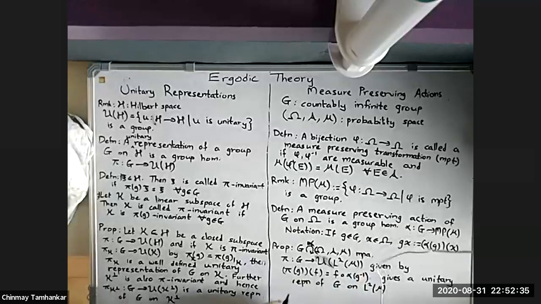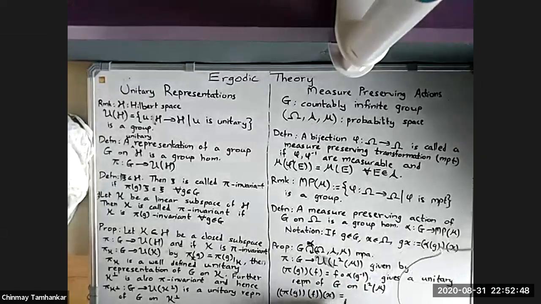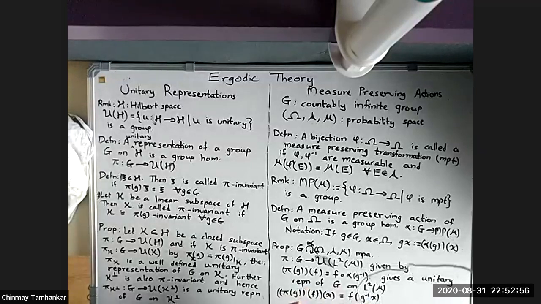How does it act on points of omega? Pi g of f acting on some point x in the measure space will just give f of g inverse x. So first we act on x by an element of the group and then apply f on it.